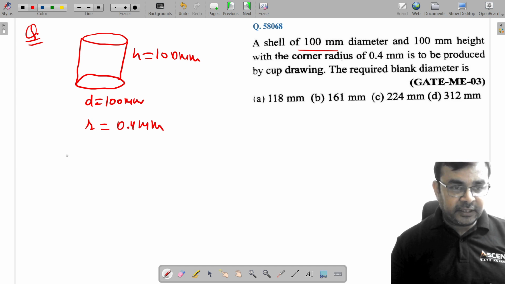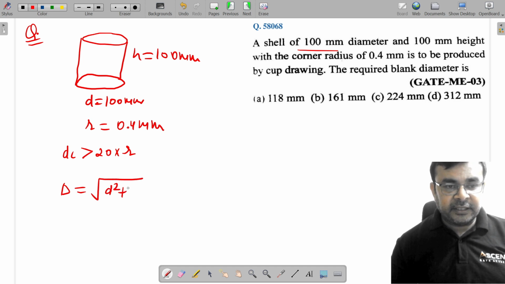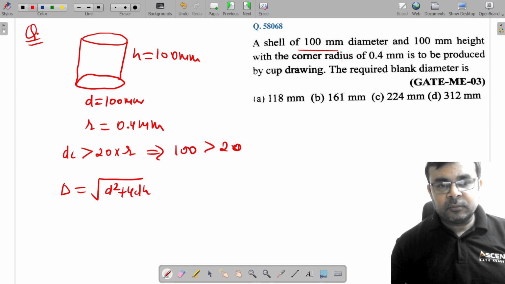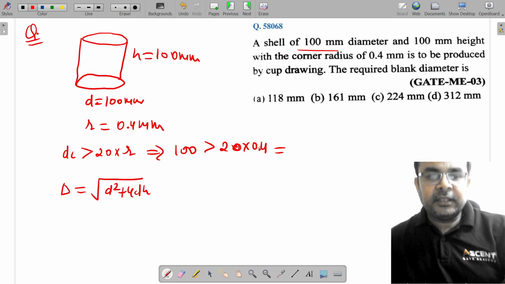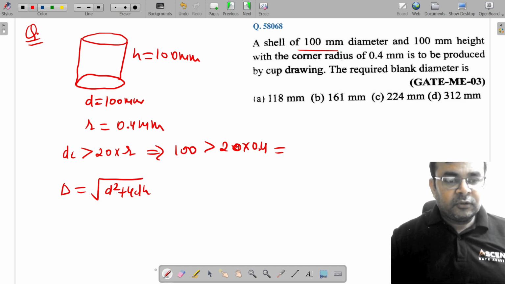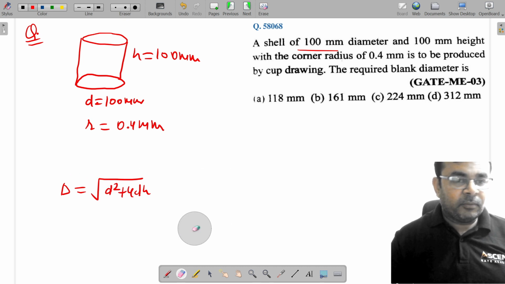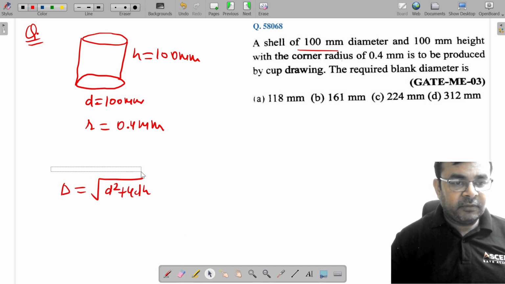So once again you check whether the diameter of the cup is greater than 20 times the corner radius. Then we use D equal to the square root of d square plus 4dh. So if I check this, 100 is greater than 20 into 0.4. Yes or no? So simply we use this relation, directly we can use this formula.